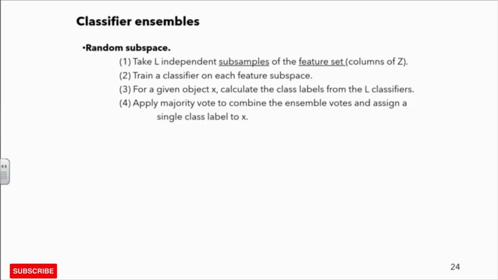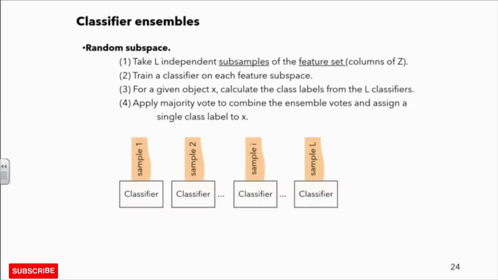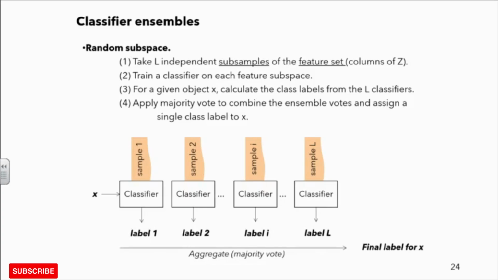Then we apply a majority vote to combine the votes. So similar things: L samples, L classifiers, a new object that we want to classify, we have L labels, and then we do our majority vote. The difference from the first one we've seen is the way we create the samples.